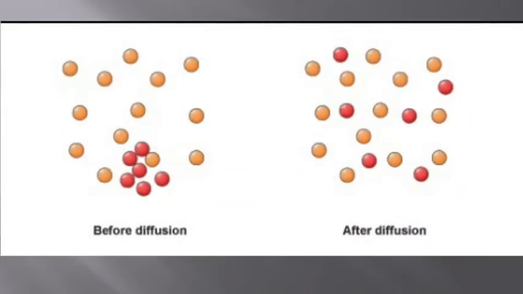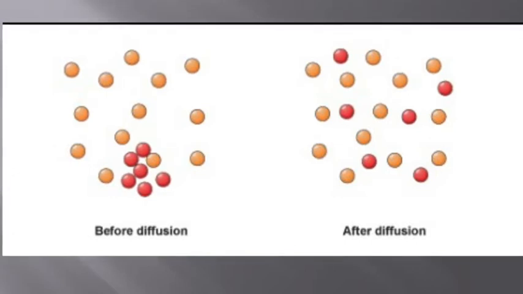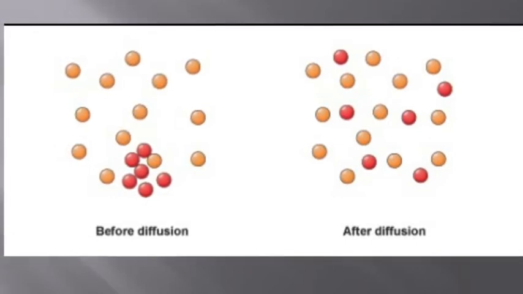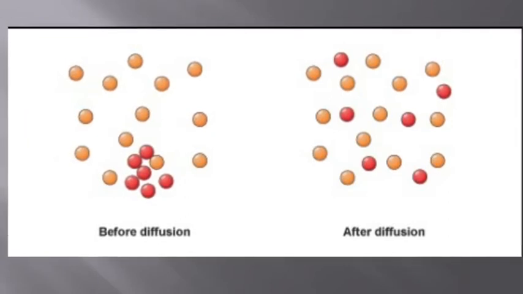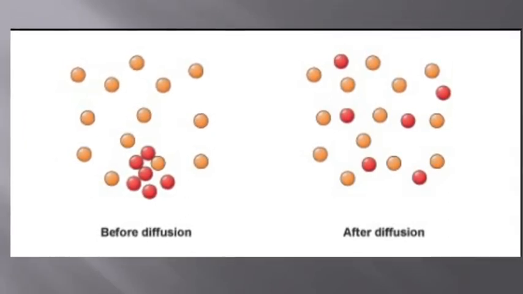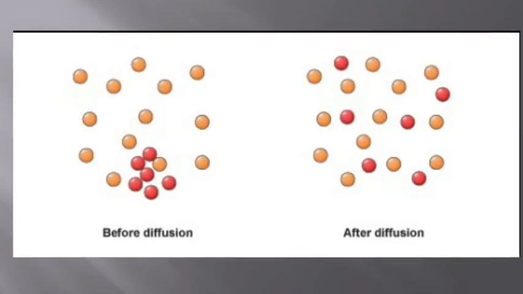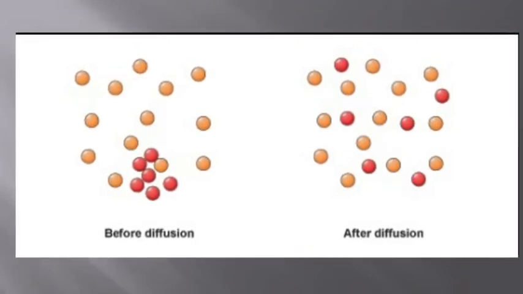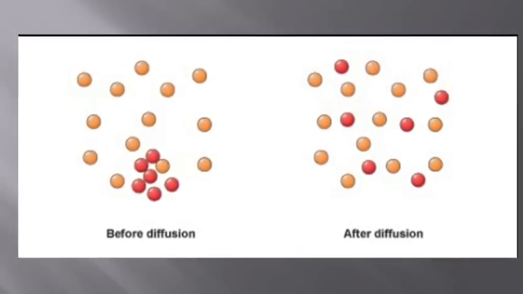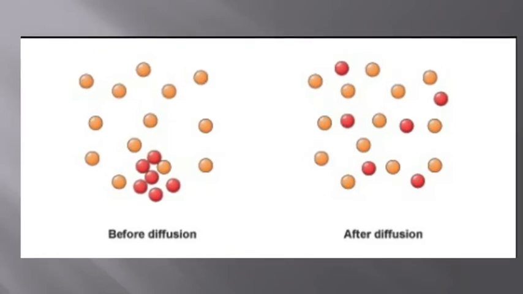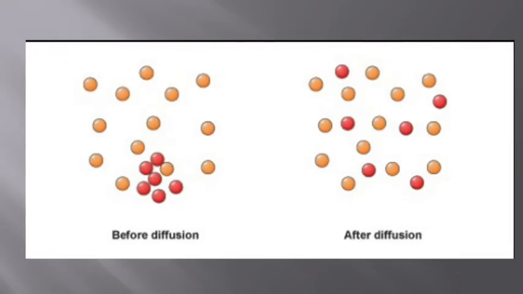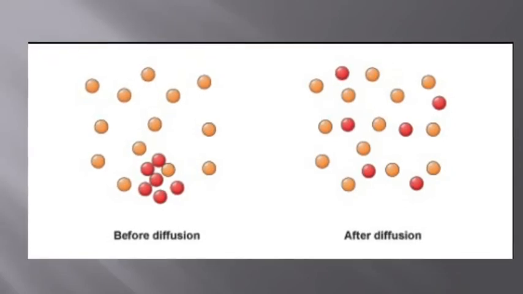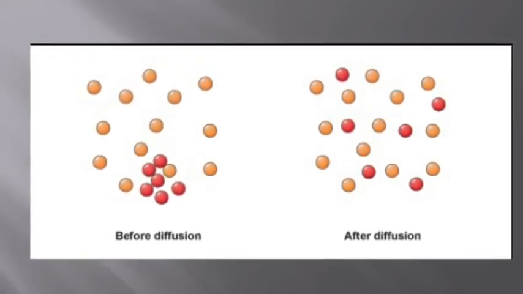This diagram tries to illustrate the process of diffusion in gases. On the left hand side, you will see before diffusion. On the right hand side, you will see after diffusion. Before diffusion, the red particles there indicate the perfume particles.